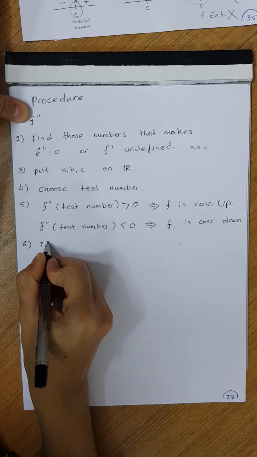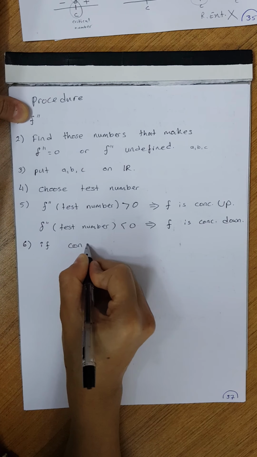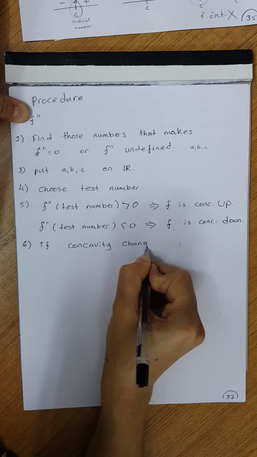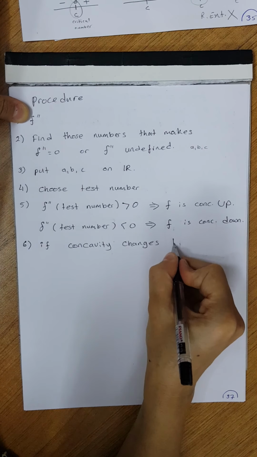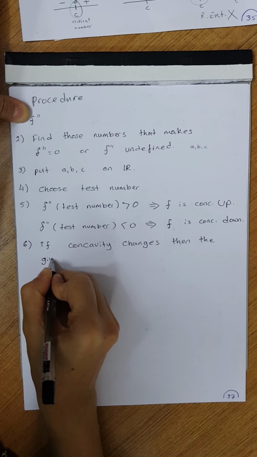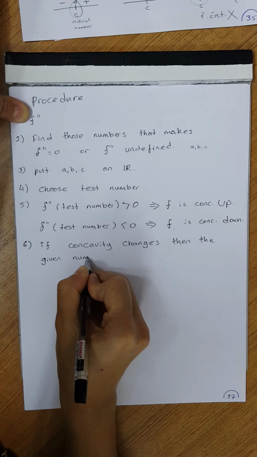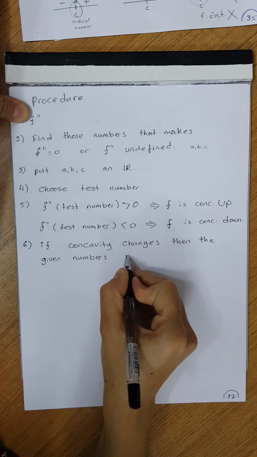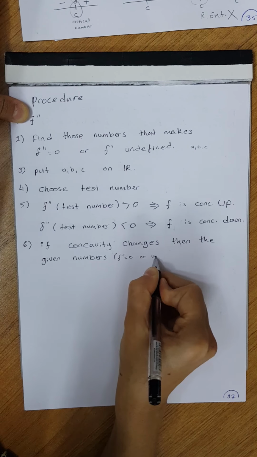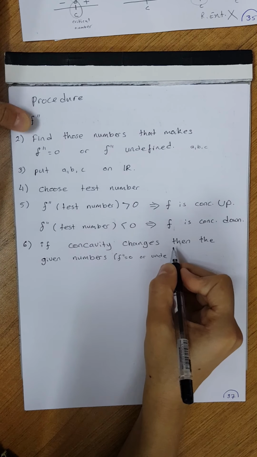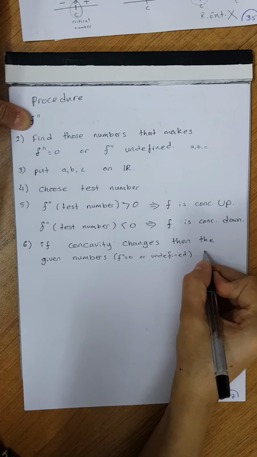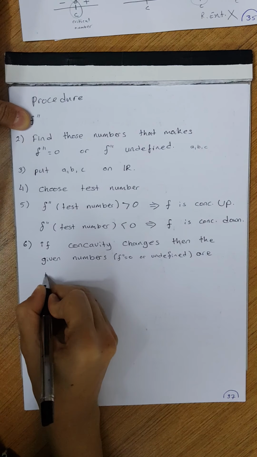If concavity changes, then the given numbers that make the second derivative equal to 0 or undefined, that we found in the second step, are inflection points.